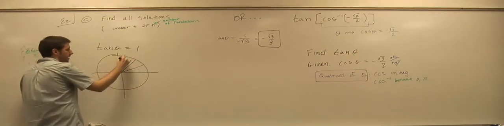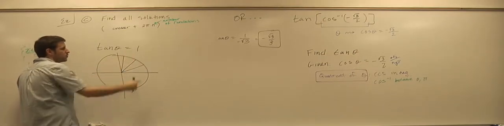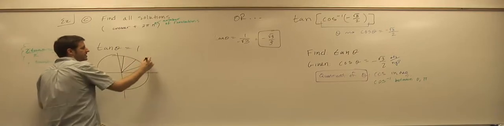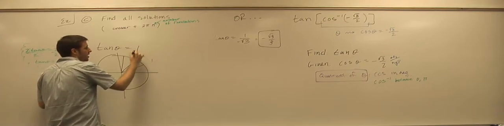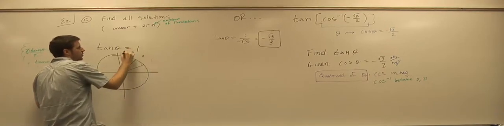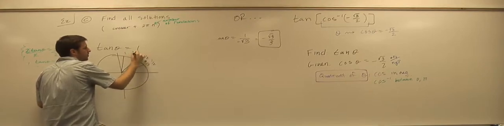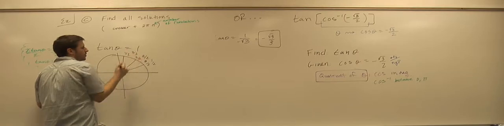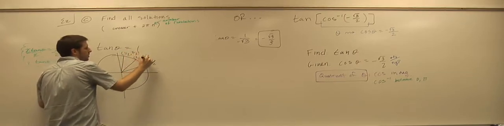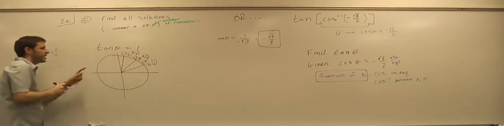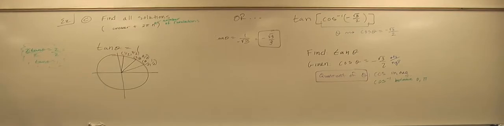Maybe you don't know your tangent values, which would be a shame. If you don't have your tangent values memorized, at least you should have your x and y values. 1, 2, 3 over 2, over 2, over 2. So where's tangent going to be equal to 1 on this chart?